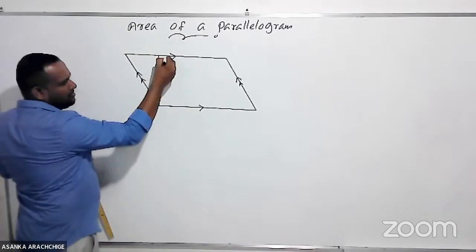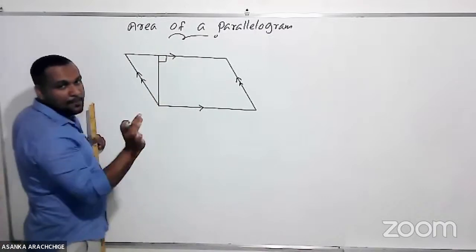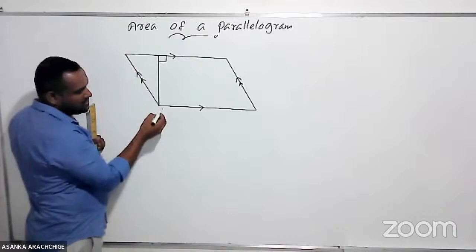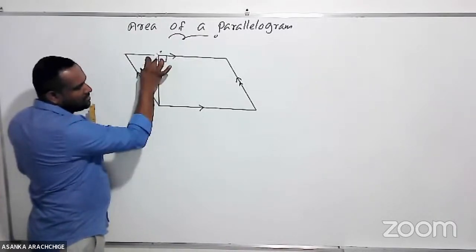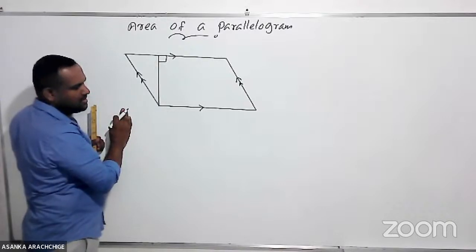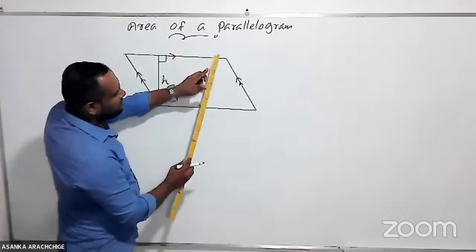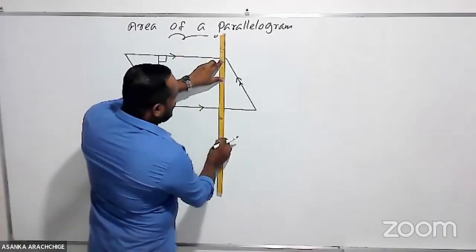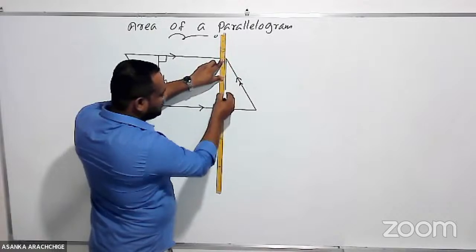What is this? This is the perpendicular distance from this vertex to its opposite side, which means if this is h, tell me what about the perpendicular distance between these two?